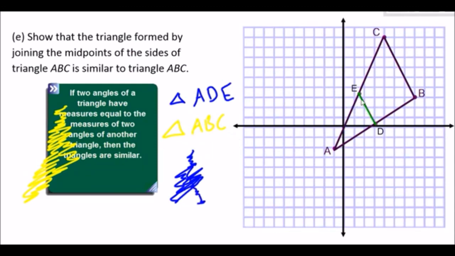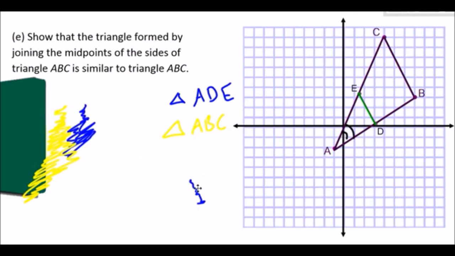So here's what I know about triangles ADE and ABC. Well, first of all, they both share angle A. So let me clear some space here. Try to get rid of a few things. So I know that angle DAE is the same as angle BAC. And that's because it's the same angle.